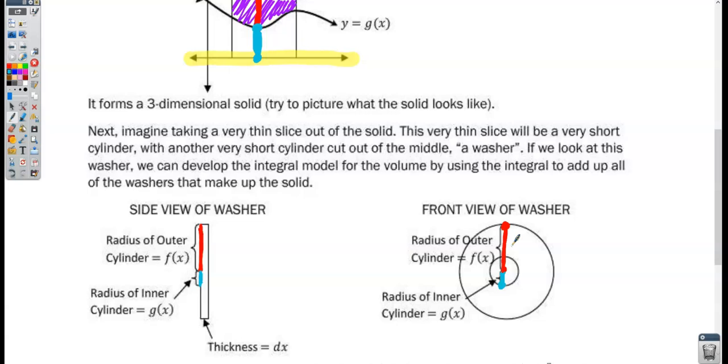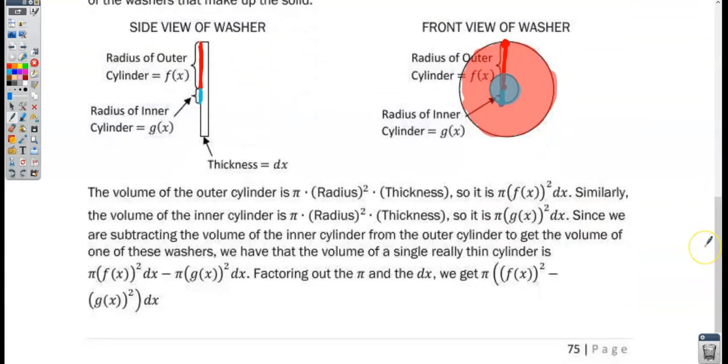So I form a disk with the outer radius, the red one, and then a disk gets hollowed out of the middle. In essence, we've got the volume of this disk minus the volume of this disk, which makes the volume of our washer.